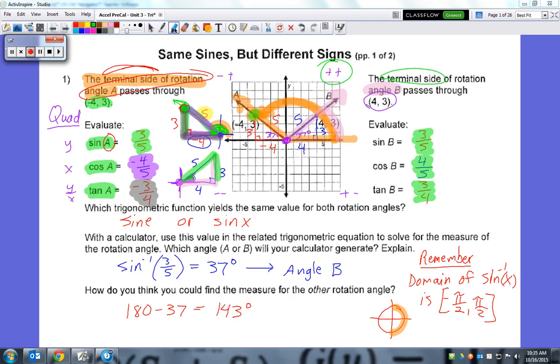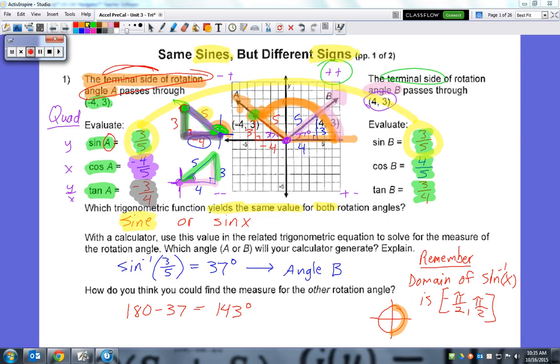So which trigonometric functions yield the same for both rotation angles? Well, in this case, the one that yields the same will be the sine values. This y value is the same sign as this one. So that's what we're talking about as far as same signs but different signs. These are the same signs as far as positive and positive.